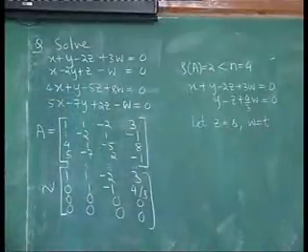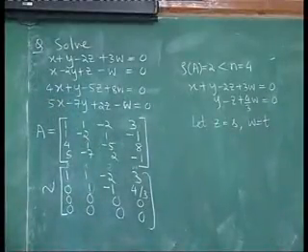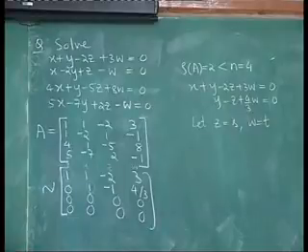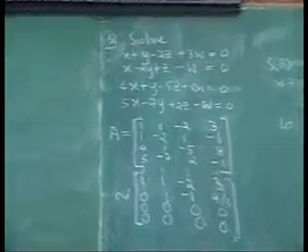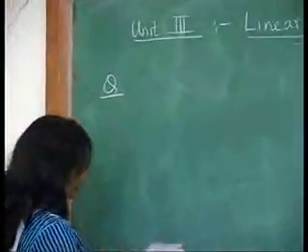The last problem for today has to do with a square matrix. Let us see what happens if the coefficient matrix is a square matrix. Let me give you the problem first.